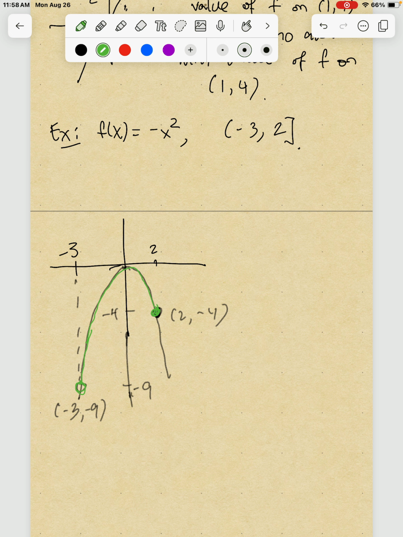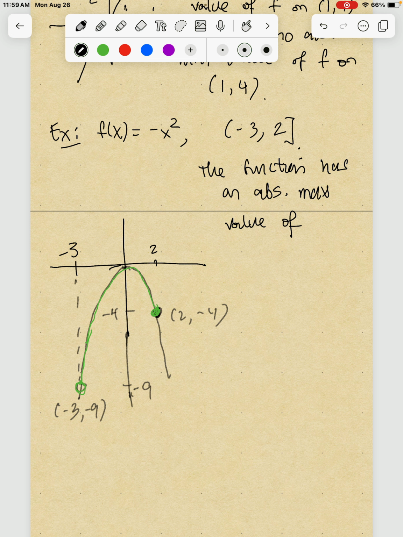Now let's look at the absolute maximum. Well, notice that actually the absolute maximum is achieved. The function has an absolute maximum value of, so what's the biggest y value?